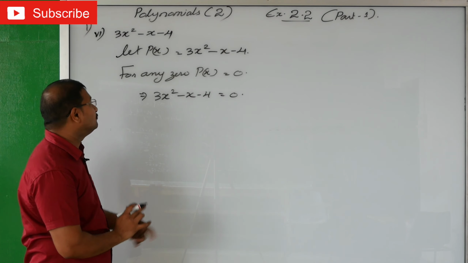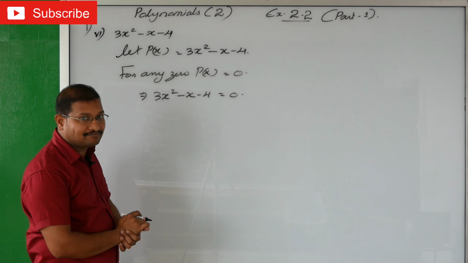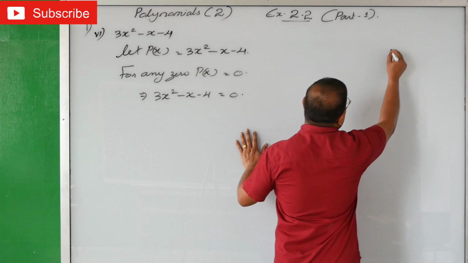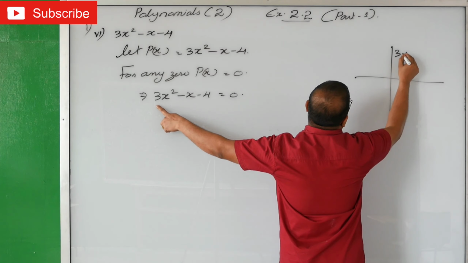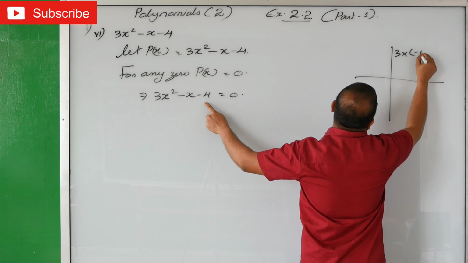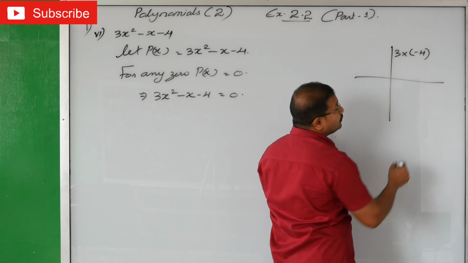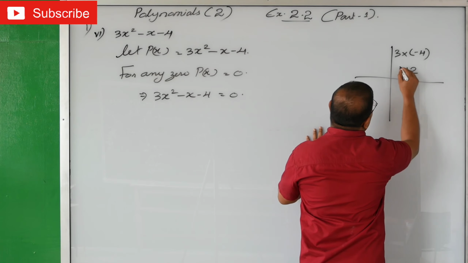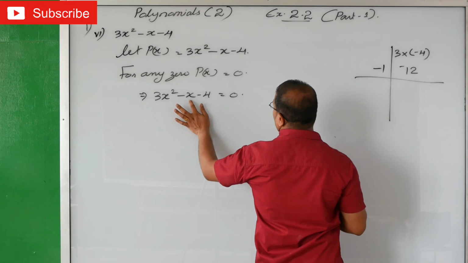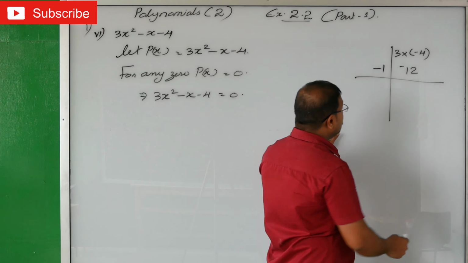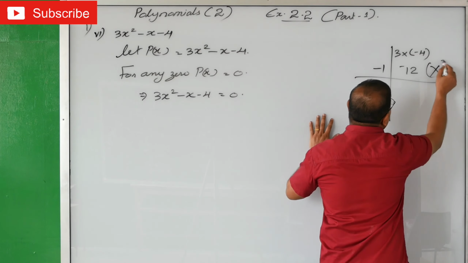Ready? Now what you'll do? We have to break the middle term. We'll make a cross. 3 first and the last term is minus 4. 3 4s are 12. Of course it should be minus 12. And the middle term is minus 1. No number means minus 1. Multiplication time you should get minus.